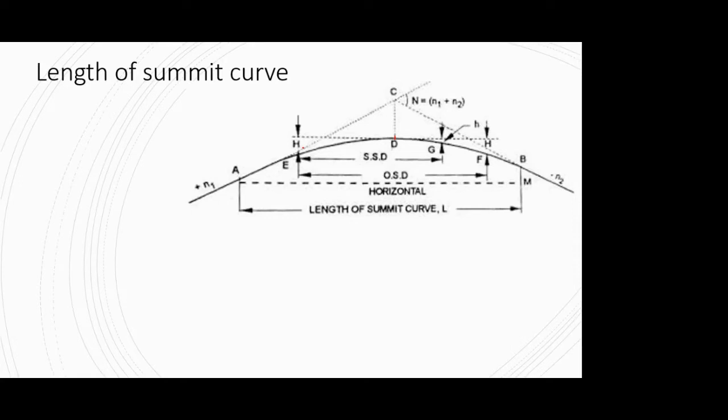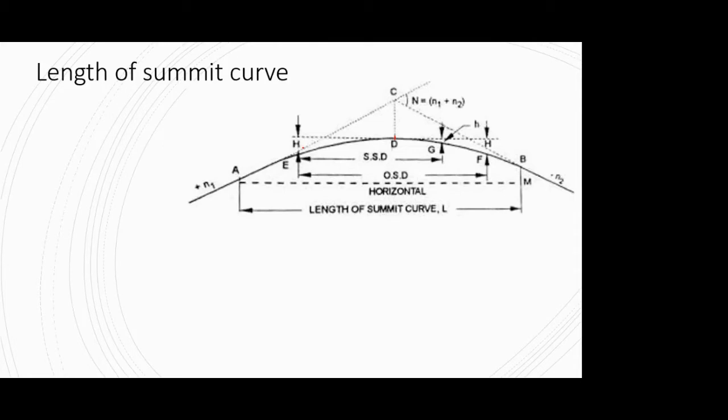In the case of a truck or a bus the eye level is higher, so that driver can see up to a far distance, and for a truck or bus driver the sight distance is not an issue in the case of a summit curve.